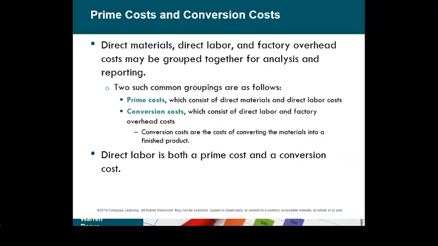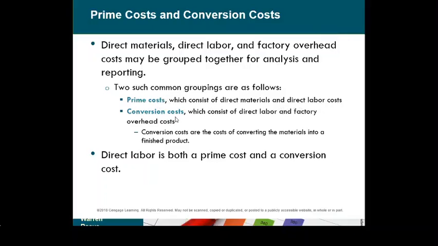Okay, so the second categorization is you can categorize the cost into prime cost and conversion costs. So we have learned just now that manufacturing costs consist of direct material, direct labor costs, and factory overhead costs. So we can categorize them into two different groupings, which is prime cost consisting of direct material and direct labor costs.